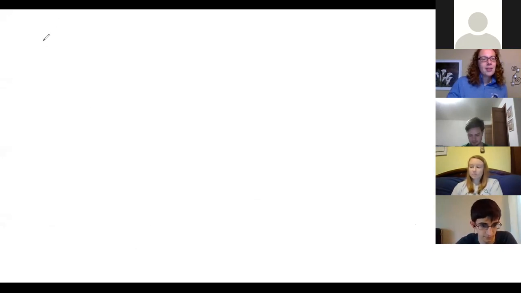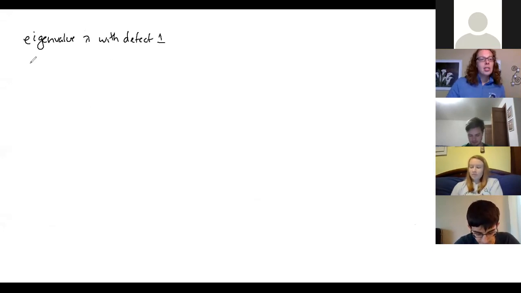So if you have an eigenvalue lambda with defect 1, here is what your solutions are going to look like. Vector x1 is going to be v1 e to the lambda t.